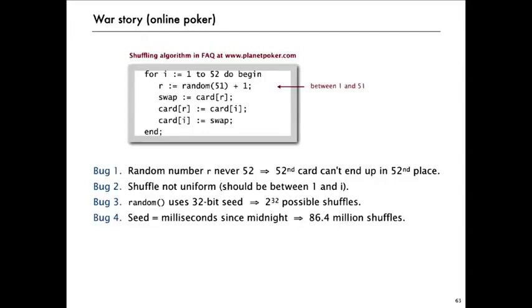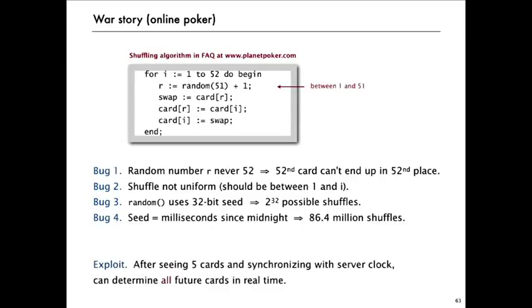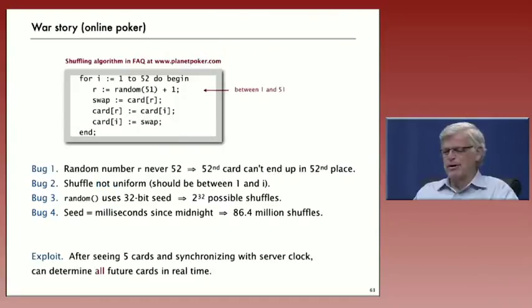And the other thing is that the seed is just the number of milliseconds since midnight, and that cuts down the number of shuffles even more. And in fact, it didn't take that much hacking for someone to realize that after seeing 5 cards and figuring out what the server clock was doing, you could get all the future cards in real time in a program. And that's a pretty tough thing to have happen if you're implementing online poker.